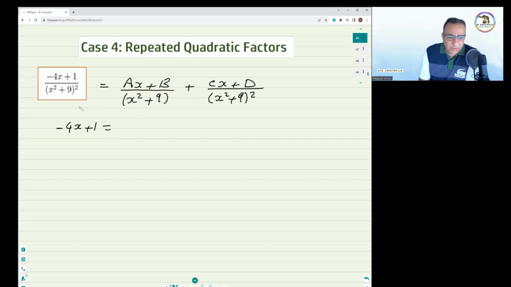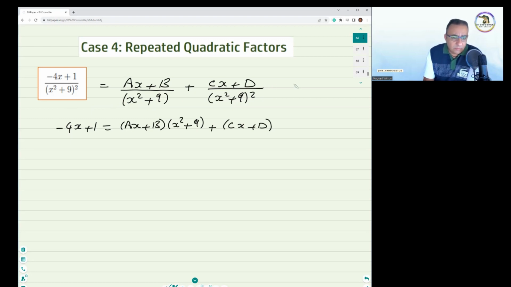Now, ax plus b is going to be multiplied by x squared plus 9, because it's already over x squared plus 9, so one of the brackets will cancel. Then plus cx plus d multiplied by 1, because it's already over the whole denominator, so it will be canceled out if you multiply by the whole denominator on both sides.